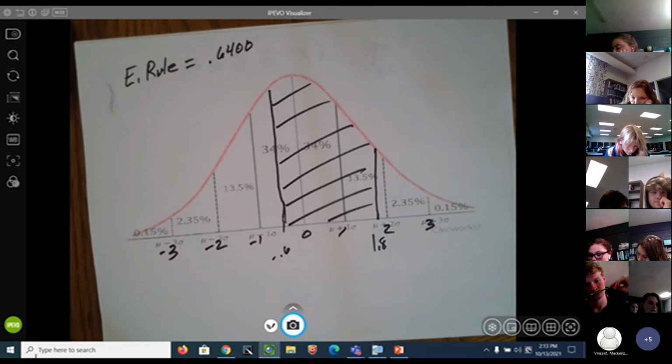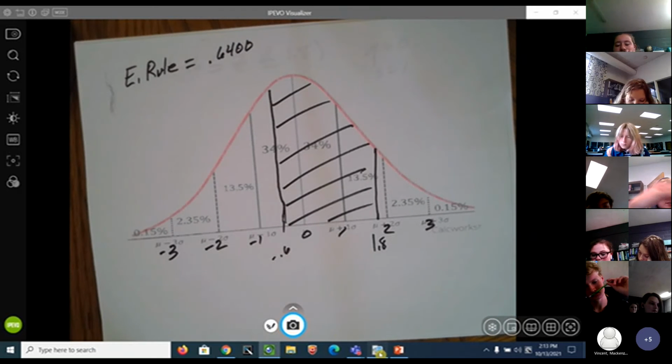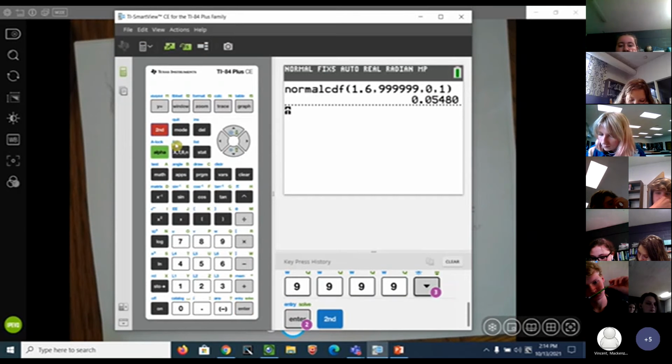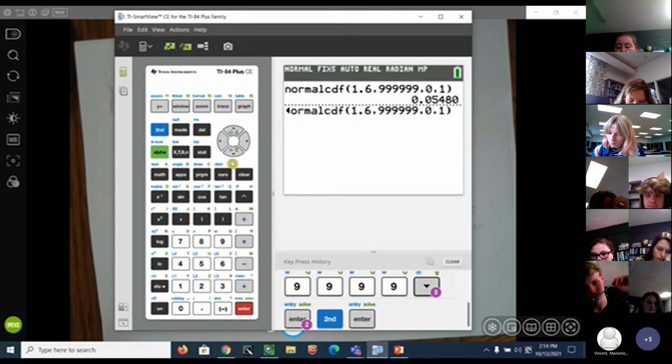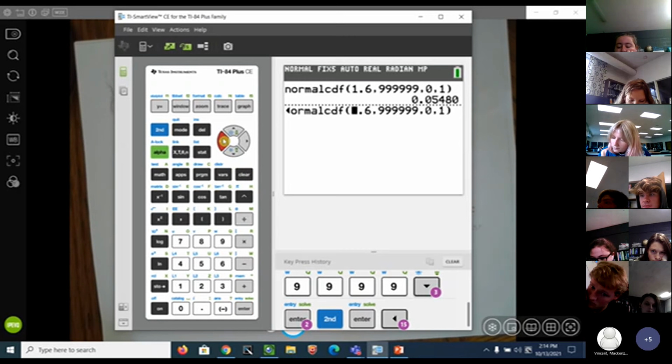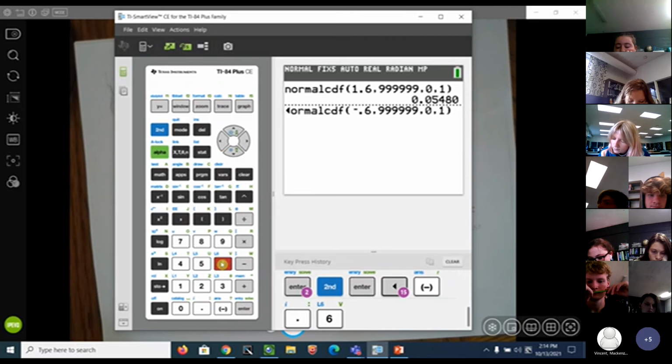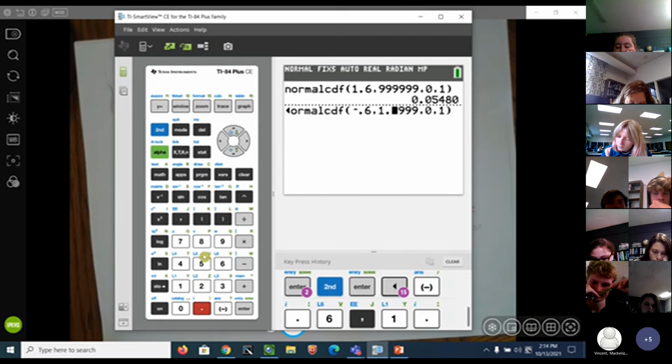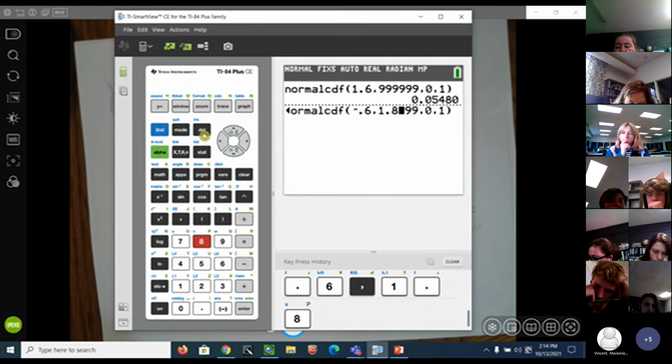And with the calculator, we will do second entry. That's going to be negative 0.6 and comma, let's go with 1.8. And I'm going to hit delete, delete, delete, and enter.